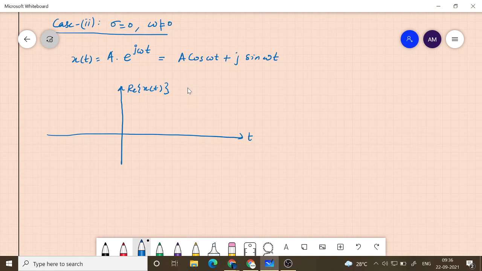Suppose a is positive. So at t equal to 0, the real part is going to be a.